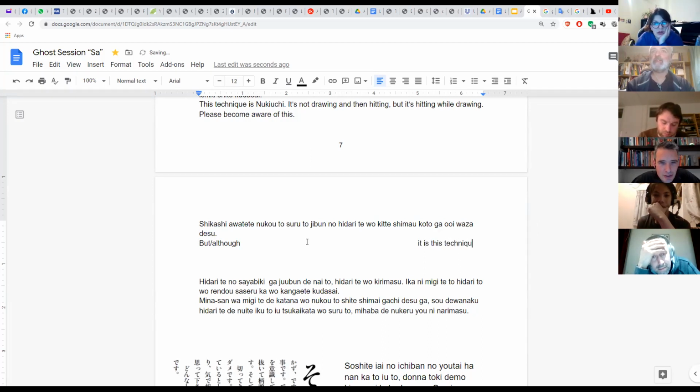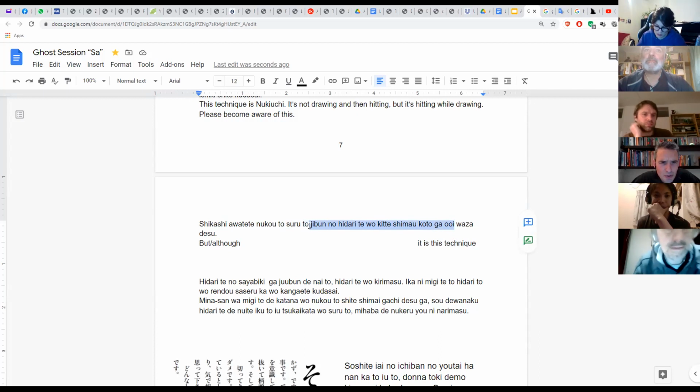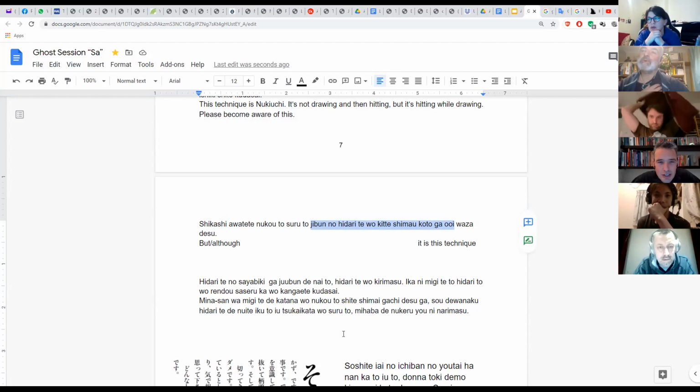And everything before that is basically a modifier, working like an adjective to affect this technique. It's saying what this technique is. So start from here. Jibun, wasn't that first or something? That means your own, one's own. Hidari, is it right? No, left. One's left hand.